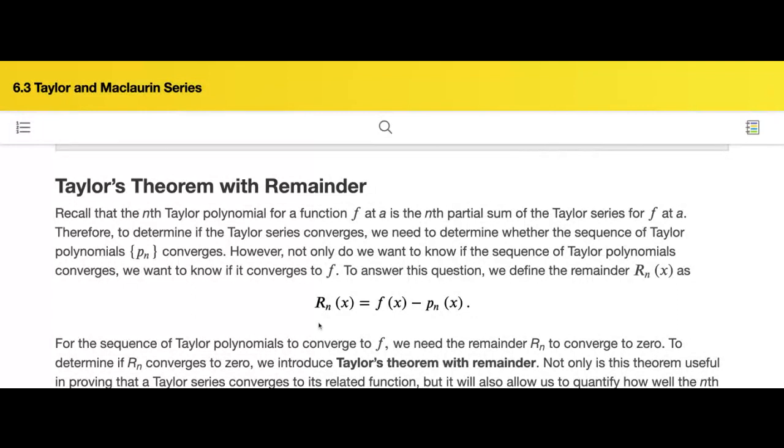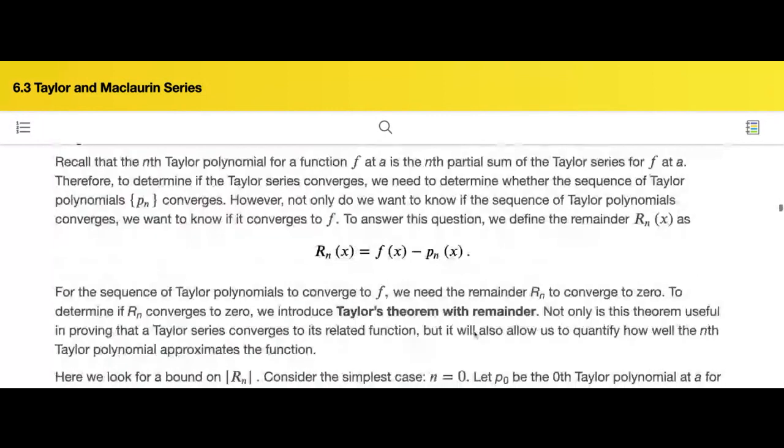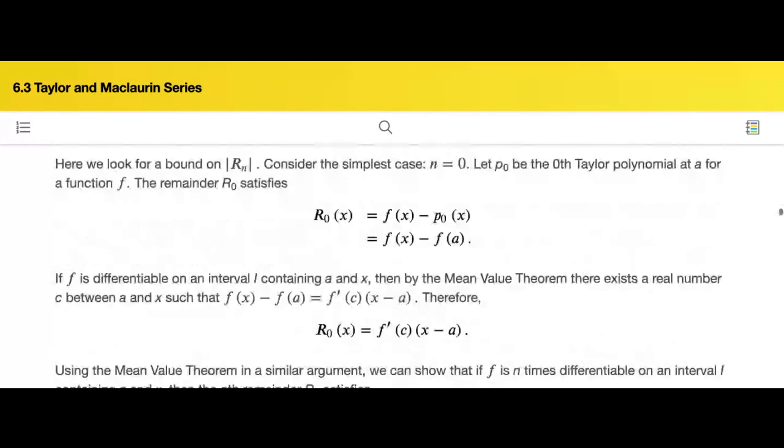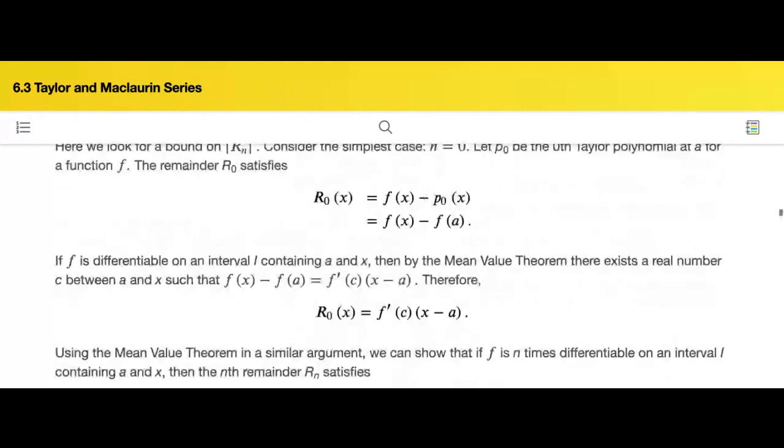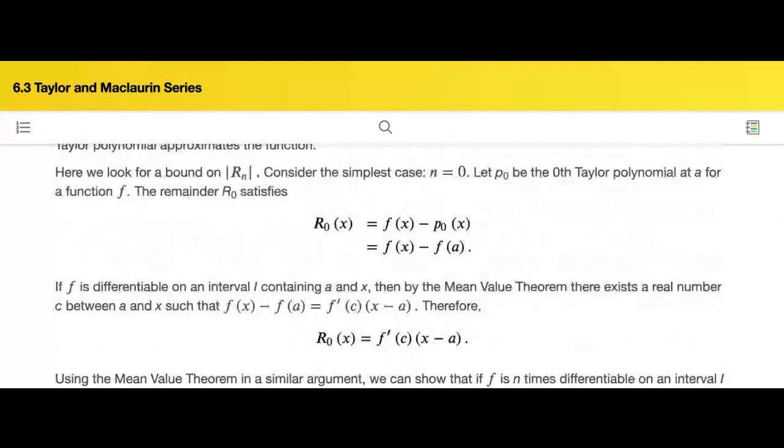If the remainder goes to 0, we can use the nth order Taylor polynomial to represent the function. Of course, if we only go to 0 order of the Taylor polynomial, the remainder is everything, right?